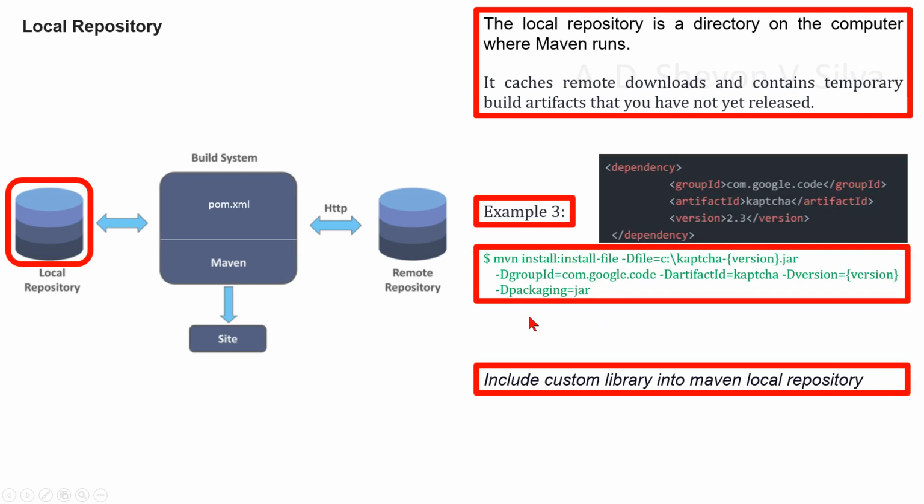As an example 3, we can consider this one, include a custom library into the Maven local repository. Here download the captcha, extract it, and copy the captcha-$version.jar to somewhere else, for example the C drive, and run this command.